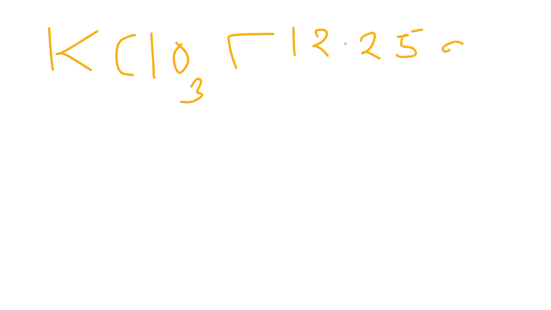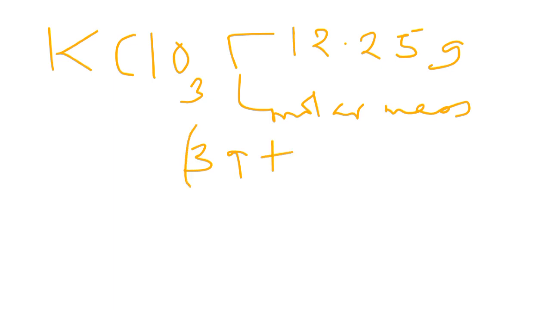So for potassium chlorate we have a mass of 12.25 grams, and the molar mass will be: potassium is 39, plus chlorine is 35.5, plus oxygen is 16.